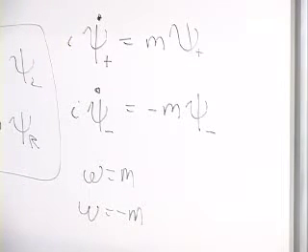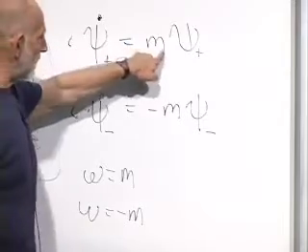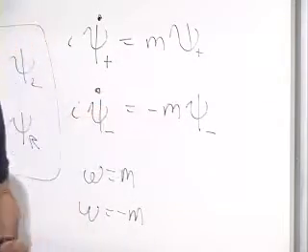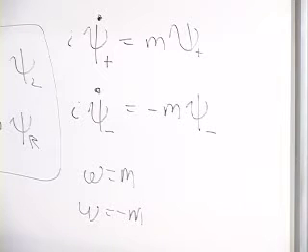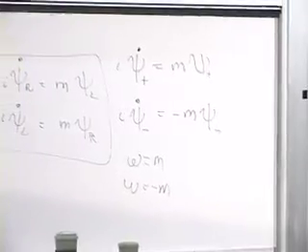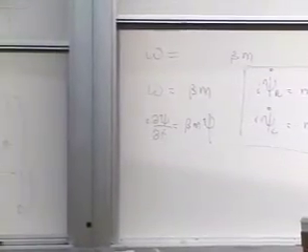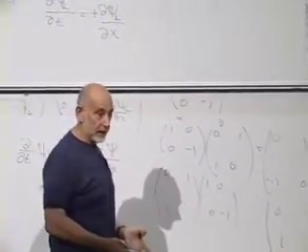So notice what's happening. When the particle is at rest, it also has positive and negative frequencies. When it was moving with the speed of light, psi left and psi right had positive and negative frequencies.